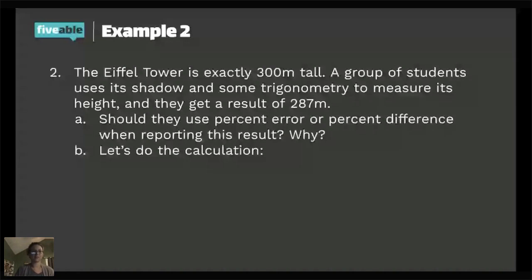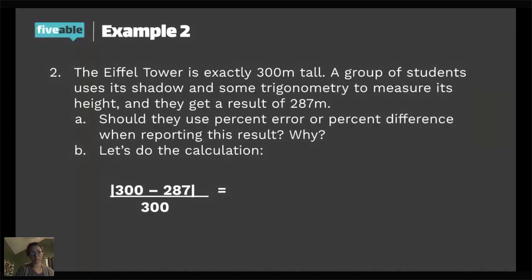So again, if we go through this calculation, we would do the absolute value of the distance between those two values. So the theoretical or accepted value minus the experimental, or the one they measured. So 300 minus 287. And in this case, we're not dividing by the average. We are just dividing by the correct or theoretical or accepted value. So we want to know how far away from that number are we.